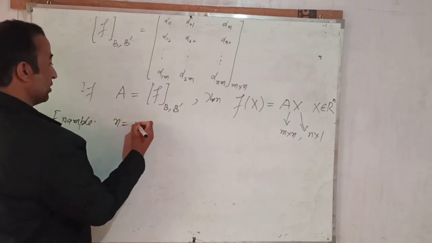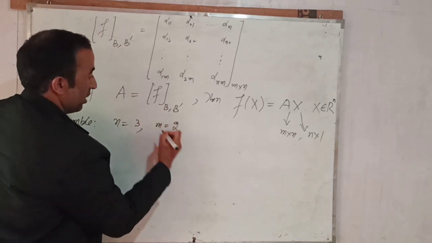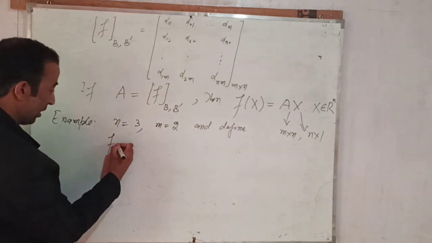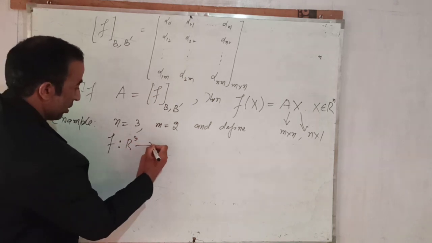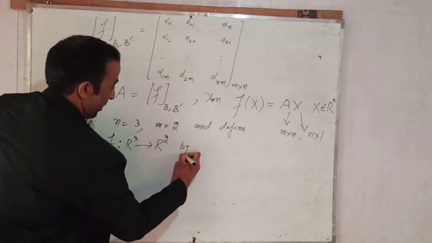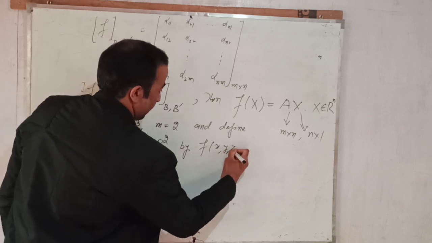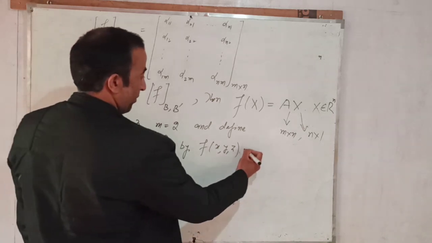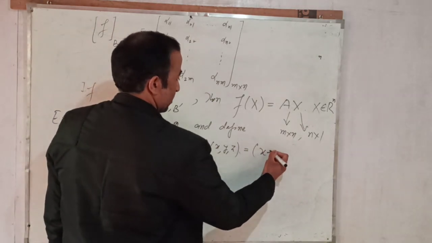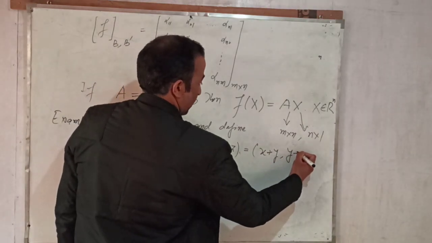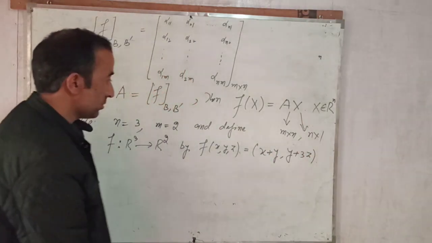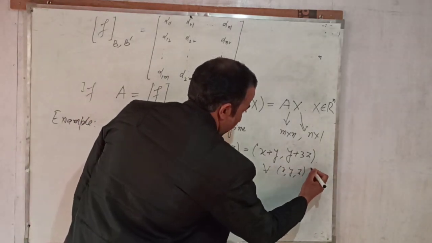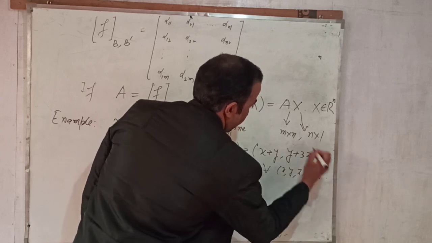Let me choose n say 3, and m equal to 2, and define f from R3 to R2 by f of x, y, z, say some linear map, I can define this to be x plus y and y plus 3z, for every x, y, z in R3.